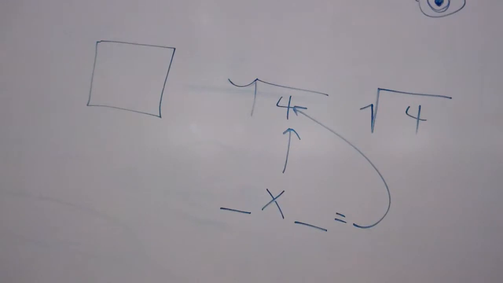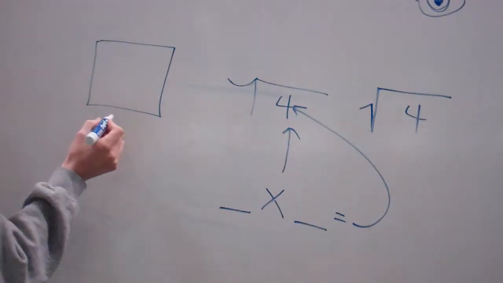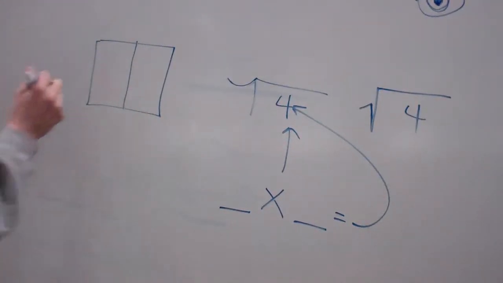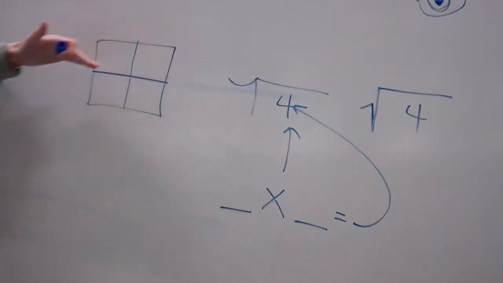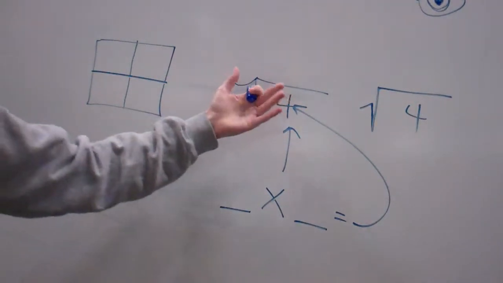So what would it be? 2. Very good. So the answer to this one is 2. So watch what happens. If I were to draw 2 lines, and then a bar, one like this, 1, 2, how much does it make total? 4. So it makes a perfect square. So that's why it's called a square root.